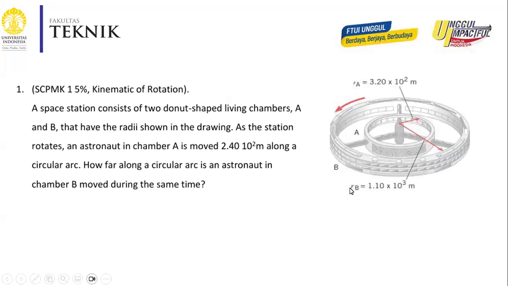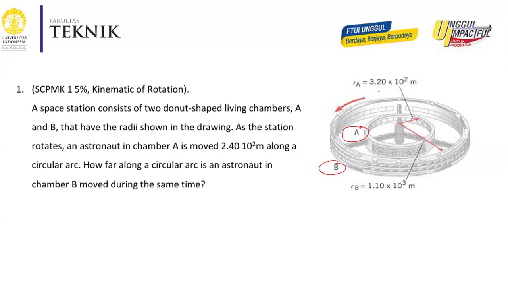Okay. For the first problem, this is the topic of kinematics of rotation. A space station consists of two donut-shaped living chambers, A and B, with the radii shown in the drawing.